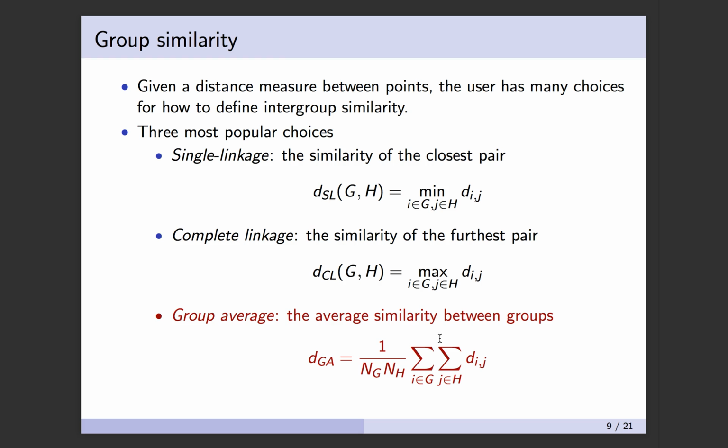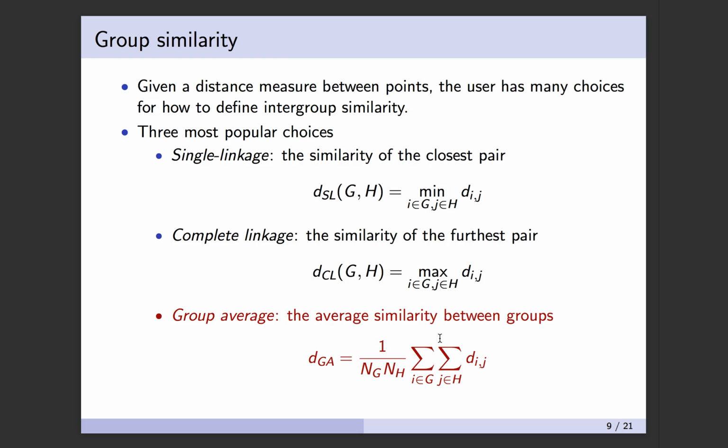For the first one, single linkage, it just finds the closest pair. It will calculate the distance between all the pairs, and it finds that the distance between these 2 points is the closest. Then that distance will be used as the distance between 2 groups. That's the single linkage.